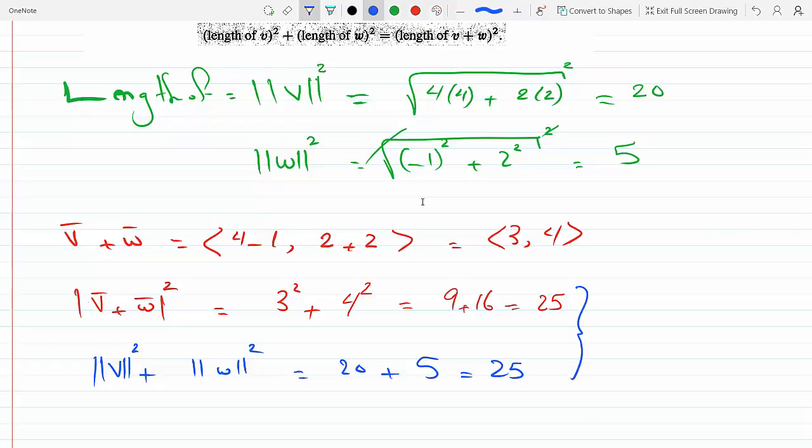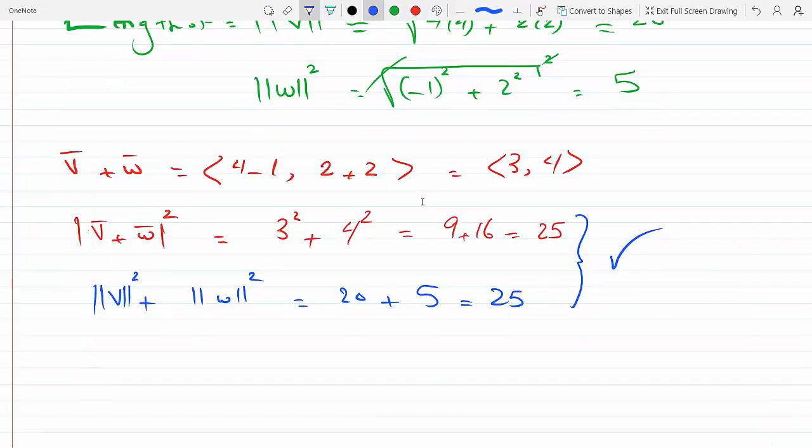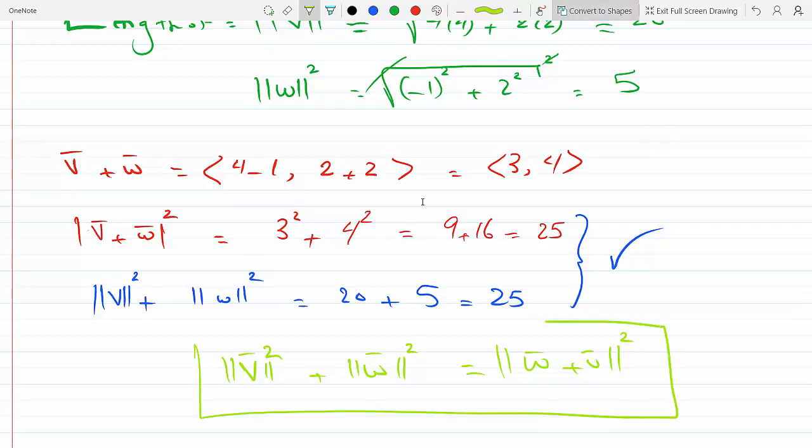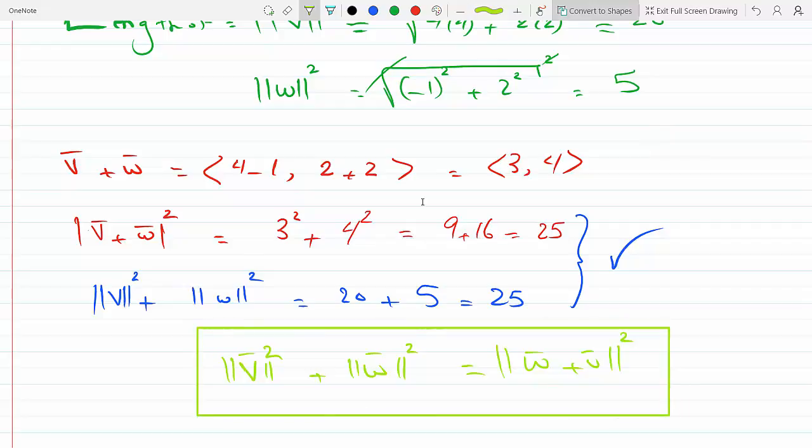So indeed the Pythagorean identity holds, and the length of V squared plus the length of W squared indeed is equal to the length of V plus W squared. That concludes it.